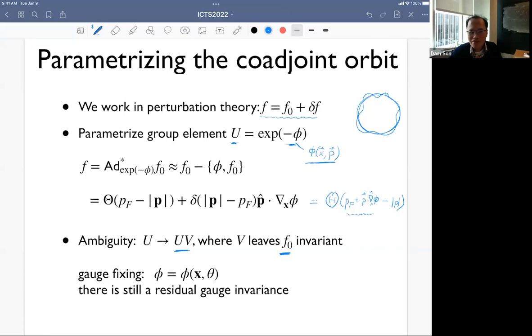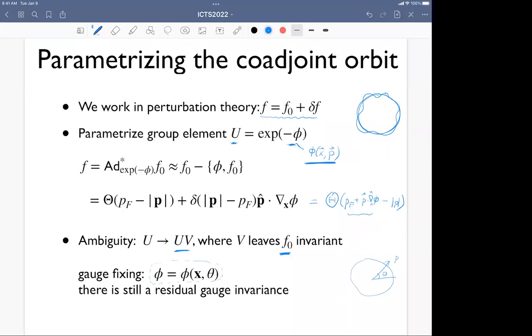So we can use this to fix a gauge in this function phi. It turns out that we can fix a gauge in which phi doesn't depend on the absolute value of p, but depends only on the direction of the momentum. So here phi is a function of only theta, which is the direction of p, not the absolute value of p.